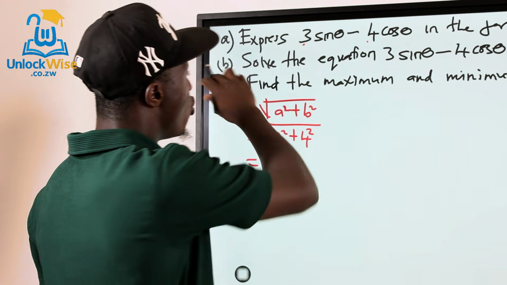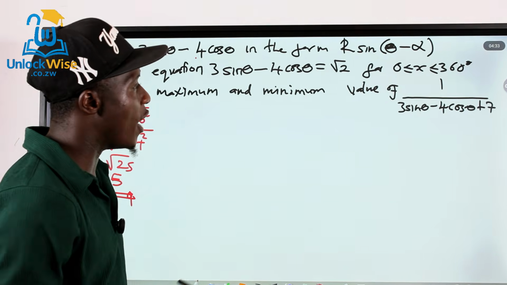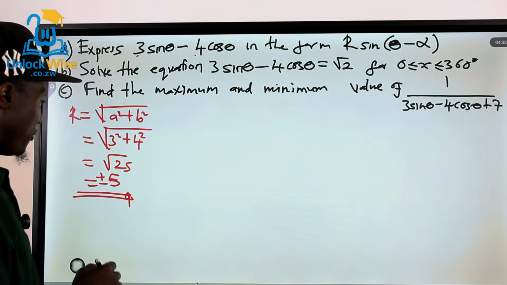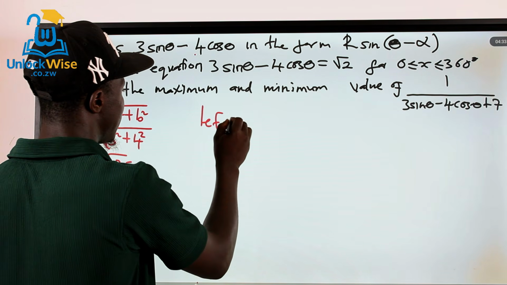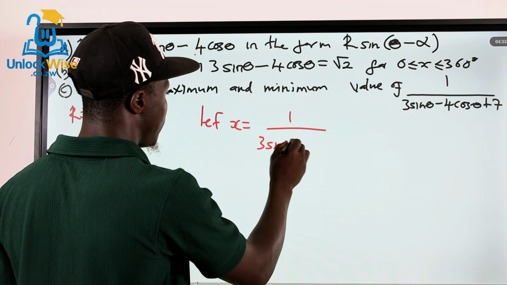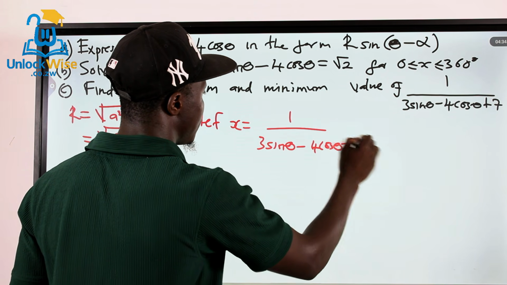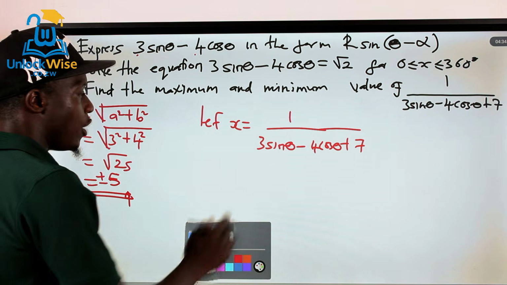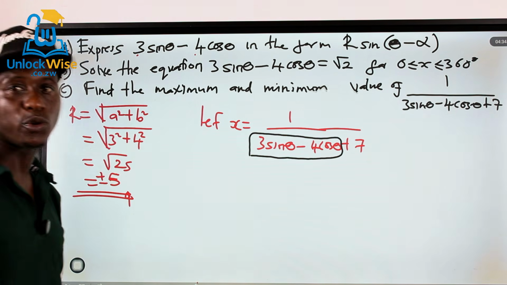But now, the question is saying, find the maximum and the minimum value of 1 over 3 sine theta minus 4 cos theta plus 7. So now listen to me very carefully. All you have to do is to say let x is equals to 1 over 3 sine theta minus 4 cos theta plus 7. And now what you're going to do, you are going to replace this whole part with the values of r.